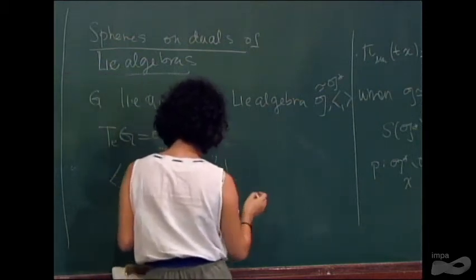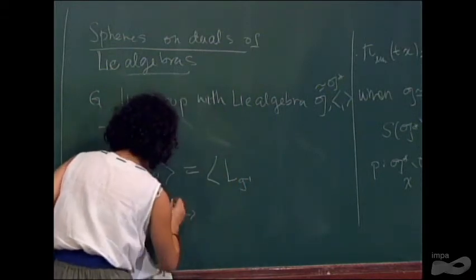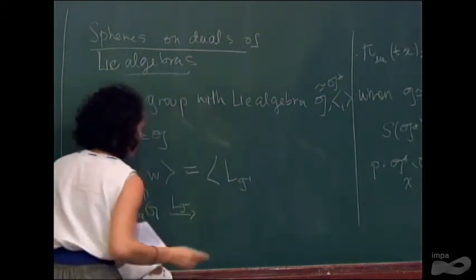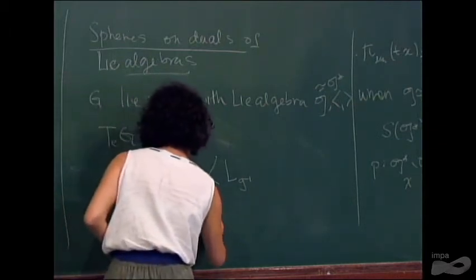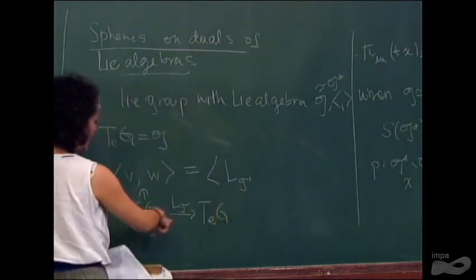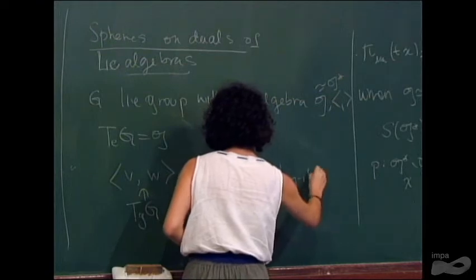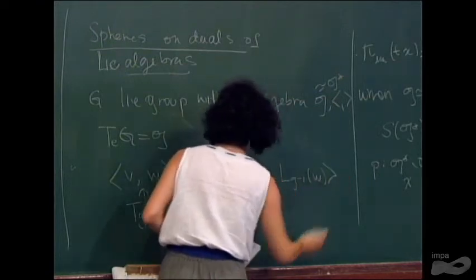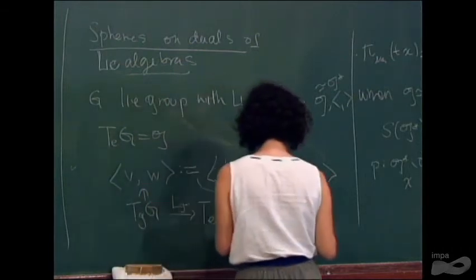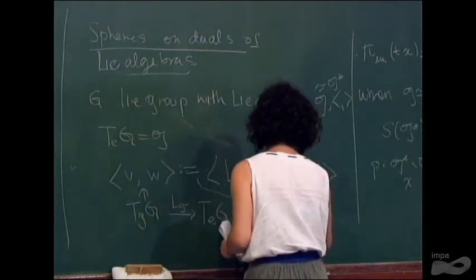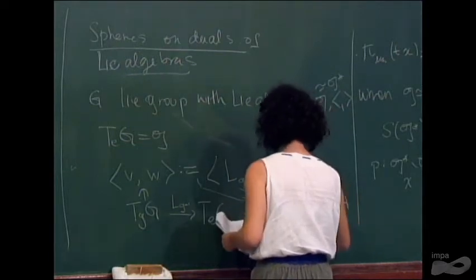So here I have this map which is given by left multiplication by G minus 1. So I left translate these vectors, and then I take the scalar product there. So this is my definition. This will be a left invariant metric.